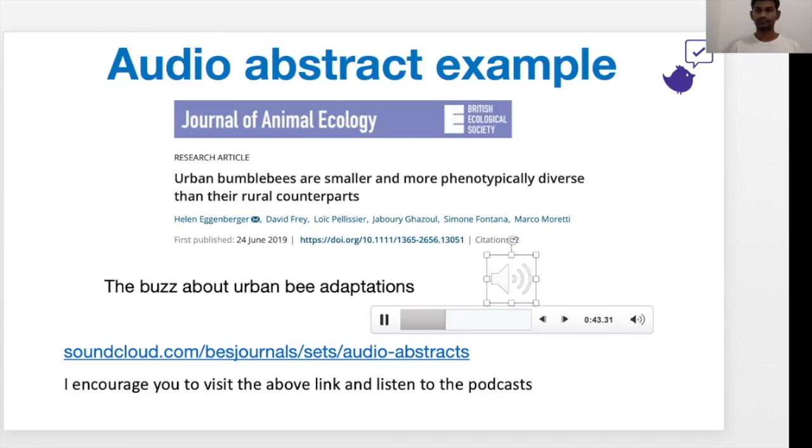To answer this, researchers observed 2 species of bumblebees in rural and urban areas in Switzerland and measured various traits including body size, wing size, and tongue length. They observed that urban bumblebees are not only smaller than rural bees, but also had more variation in other traits compared to rural species. The smaller size not only helps to adapt to the tight living spaces, but also to the changes in weather.